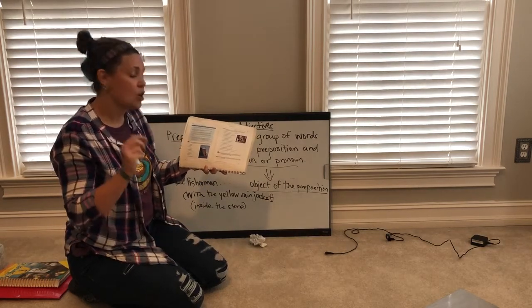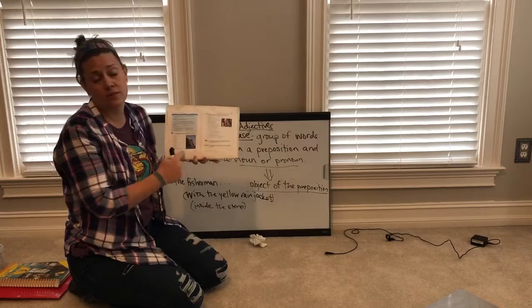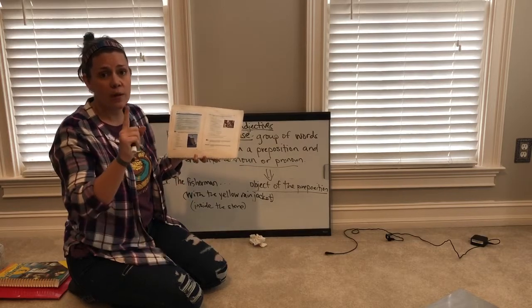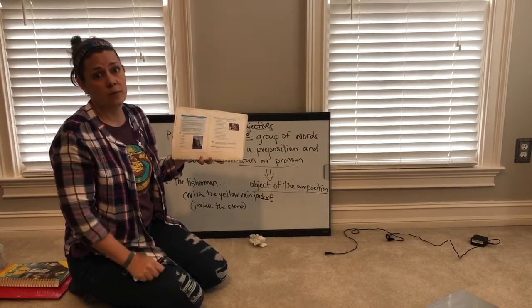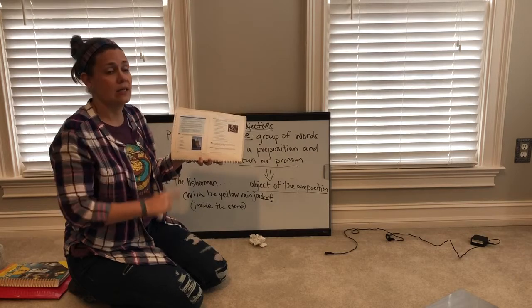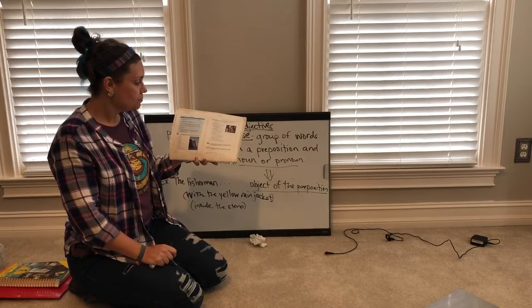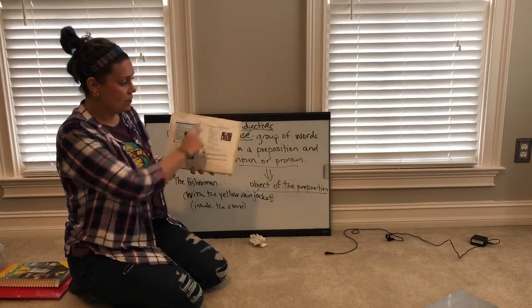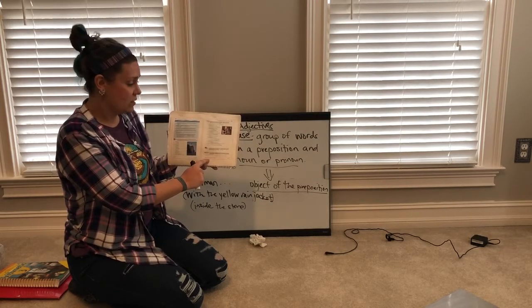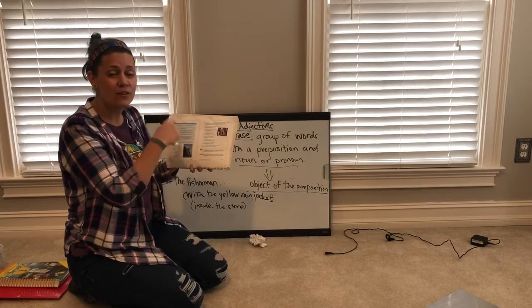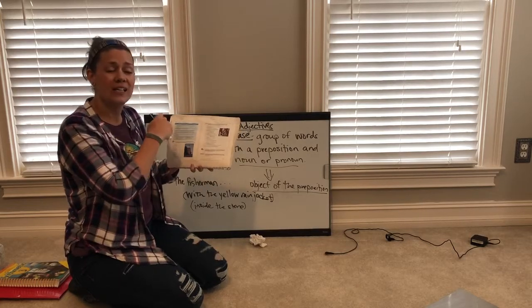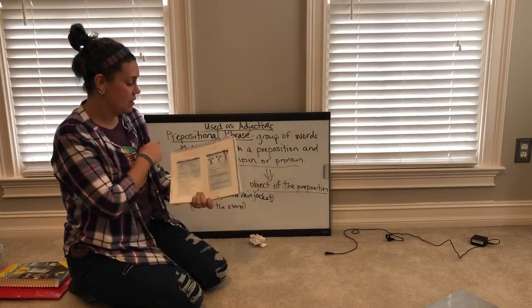The lighthouse on the cliff, because that's what it is in the picture. On is my preposition, cliff is my object of the preposition, so there's my prepositional phrase, and it's describing which lighthouse? The one on the cliff. So you can have some practice with that. Complete page 205. It's a little bit more practice of finding those prepositional phrases and drawing a line back to the word that they describe.